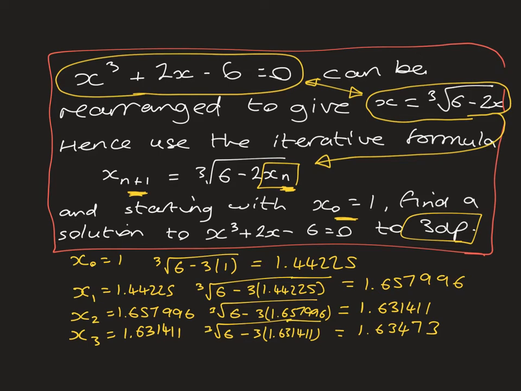So we've got 2 decimal places that are the same. But if we were to round those two answers, they've not got the same to 3 decimal places. So I need to keep going. That is x4, sorry. So I'm going to put that in to try and figure out x5.